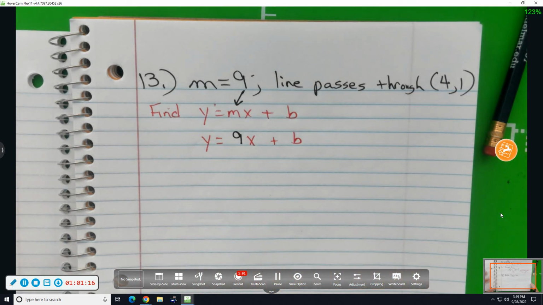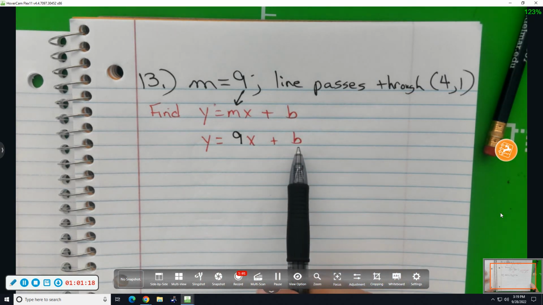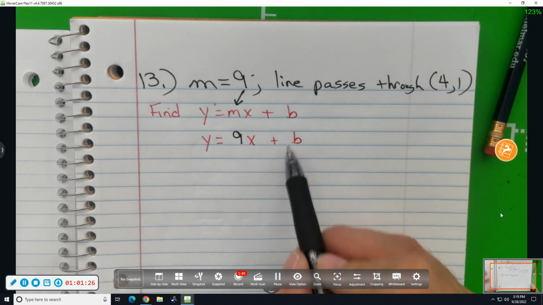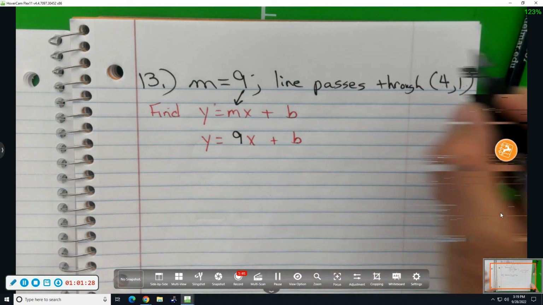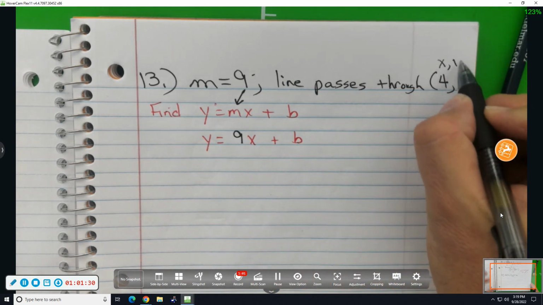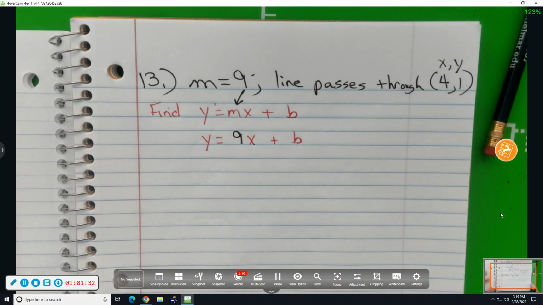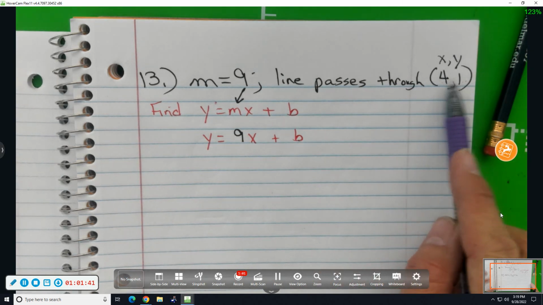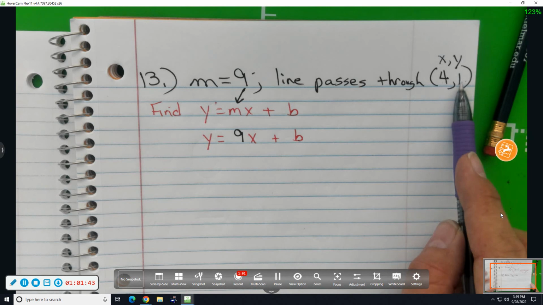plus b. They didn't give us the b value, but I claim they gave us an x and y value. Here's an x and y, but we don't know this number b. What are we trying to hint at that we're going to do to find b? Since we have an x and a y, what am I trying to say we're going to do with those?